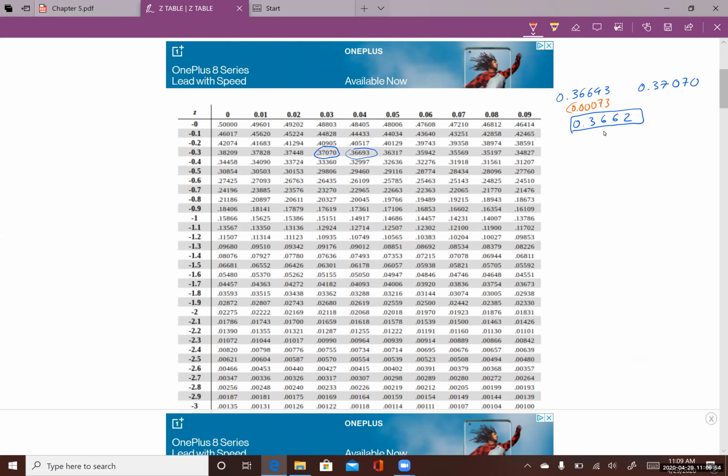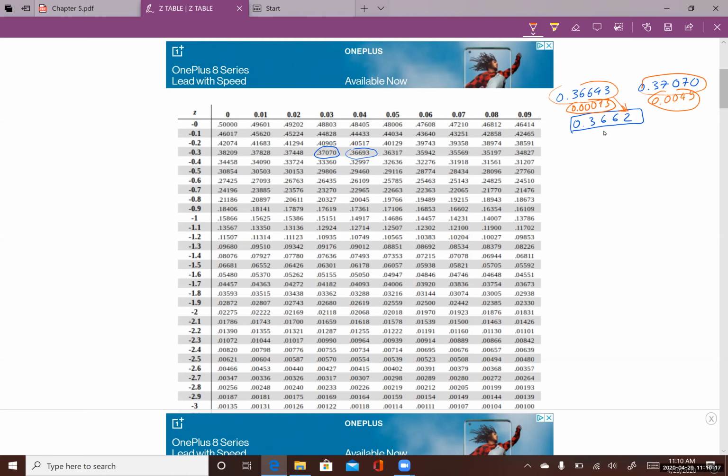How about the distance between 0.37070 minus 0.3662? That is 0.0045. Apparently 0.36693 is closer to our value compared to 0.37070.